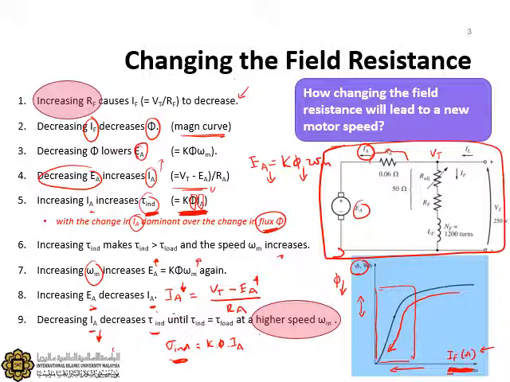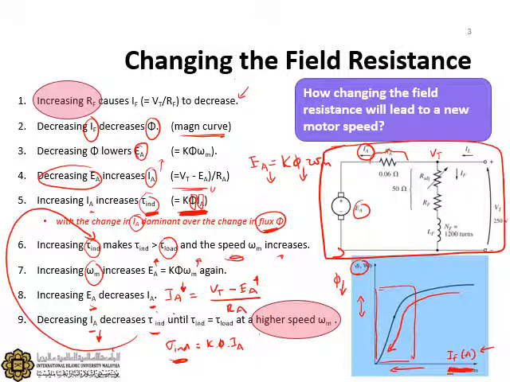Right. So this loop will keep repeating. The induced torque will be less, and therefore the difference between the induced torque and the load will be decreased, and the acceleration will be less, so the change in the speed will be less.